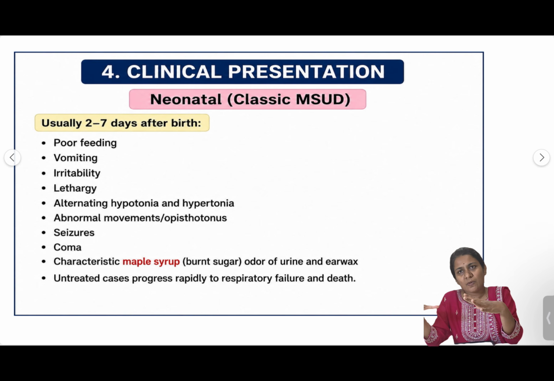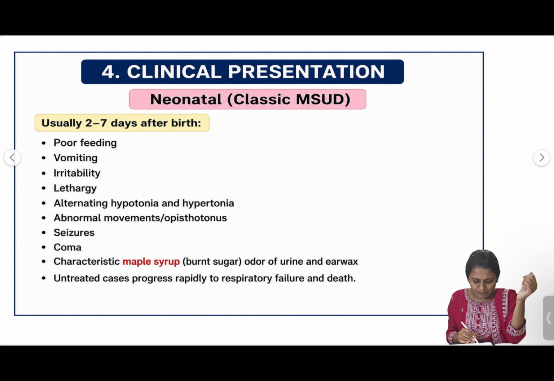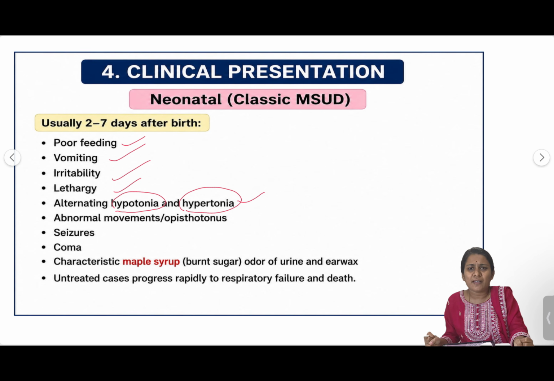After 3 days, that is at 72 hours of life, they will come with a deteriorated condition, with complaints of poor feeding, vomiting, irritability, lethargy, and alternating hypotonia and hypertonia. The baby will have episodes of hypertonia followed by flaccid hypotonia, like bicycling and boxing movements.